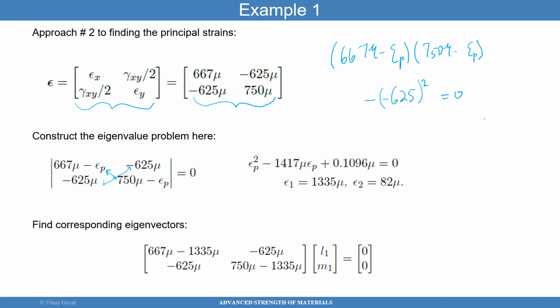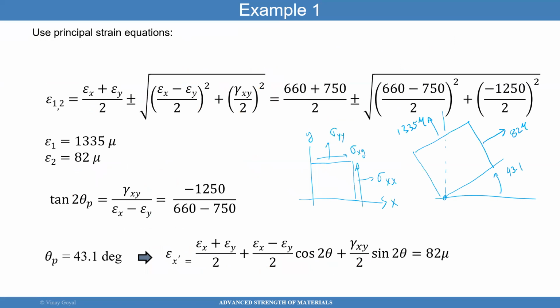And when you do, you can remove this micron thing, so you don't get confused. You get a quadratic equation in this epsilon p. And then you can use a calculator to figure out what the epsilons are. And you can see that the answer I got here is the same as the ones you get with this equation.